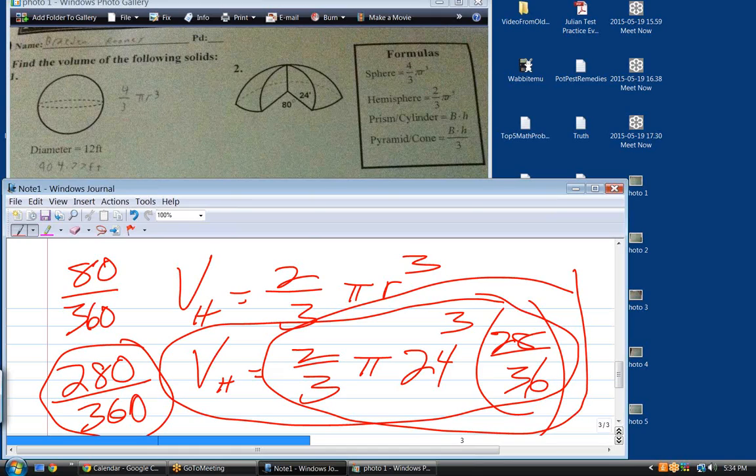Okay. Again, this isn't the important part. The important part is setting up the formula, which we've done already.